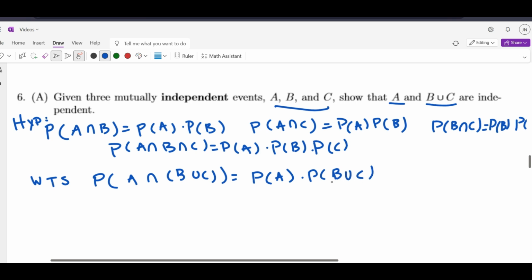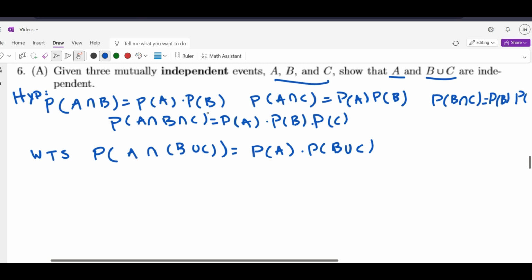I like to start with the one with the product and see if I can get to the other side, or simplify enough and then simplify the other side and say the two of them are equal. So let's start with probability of A times probability of B union C. And that is the left hand side of what I want to show.